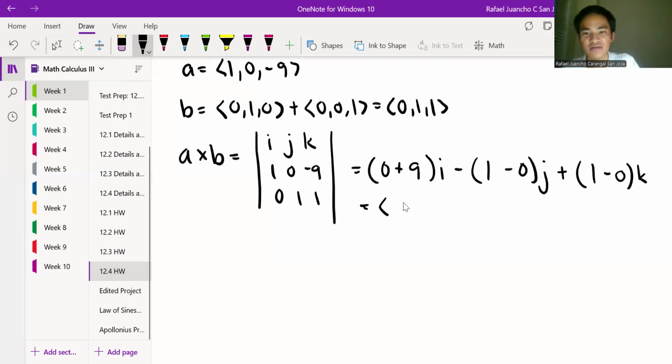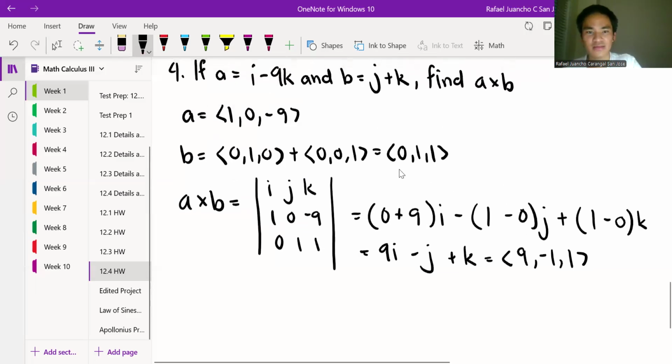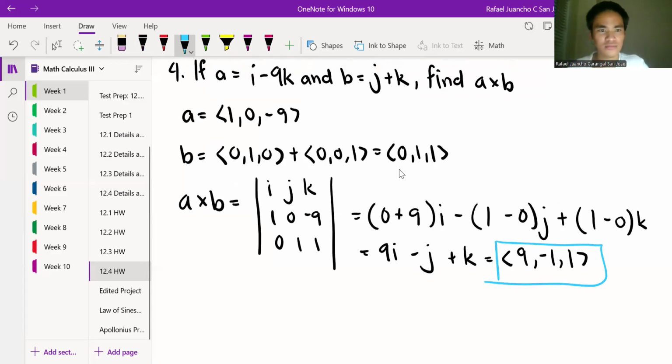Actually, let's do this form first. 9i minus minus j plus k. So we have the vector 9, -1, 1. That's it.